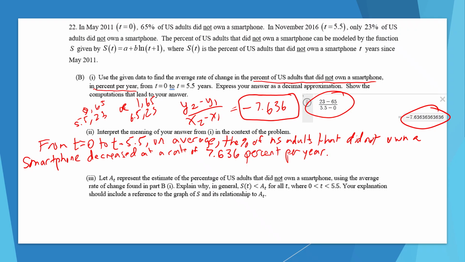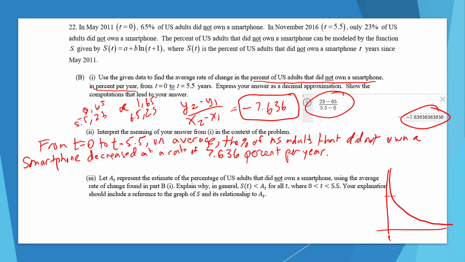Right, part 3. Let A of t represent the estimate for the percentage of US adults that did not own a smartphone. Using the average rate of change, find or explain why the straight line is below A of t, where t is between 0 and 5.5. So if we take a look here, the percentage decreased. So this graph is going to look like this.